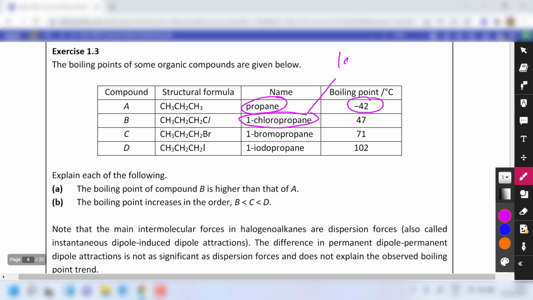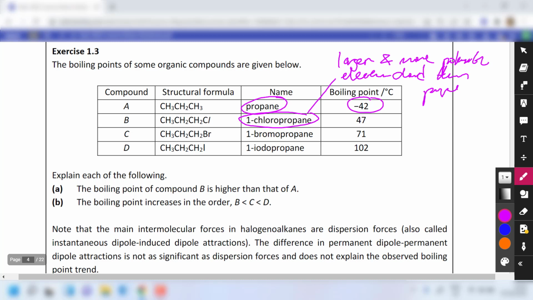Because of this, it has a greater probability of forming stronger dispersion forces. Boiling involves overcoming these dispersion forces, so 1-chloropropane has a higher boiling point as compared to propane.